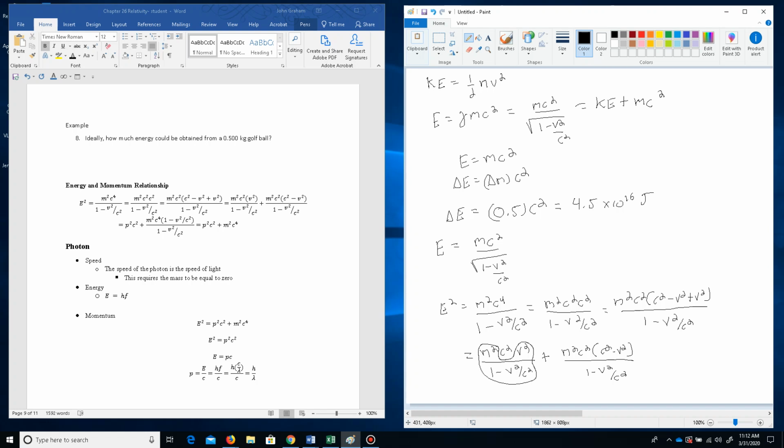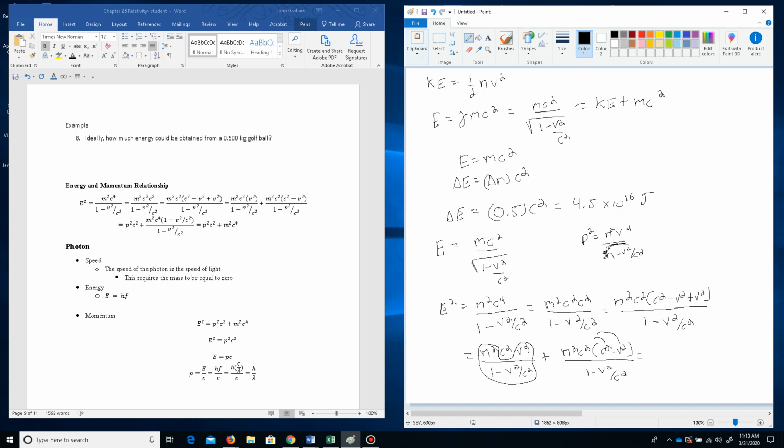Right, so if we remember, momentum is mv over the square root of 1 minus v squared over c squared. If I square momentum, this I get rid of. Right, and then here I factor out a c squared. So I brought out this c squared, which means I brought out one from here as well to make that c to the fourth.